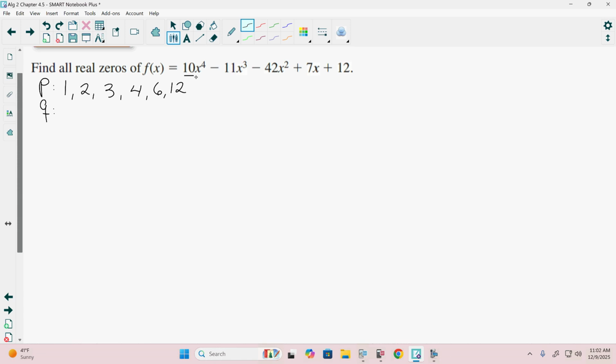Factors of the number in front of the variable with the biggest exponent. Yes. That's the factors of 10, which would be 1 and 10, 2 and 5. Questions on how we found the factors of P and the factors of Q?